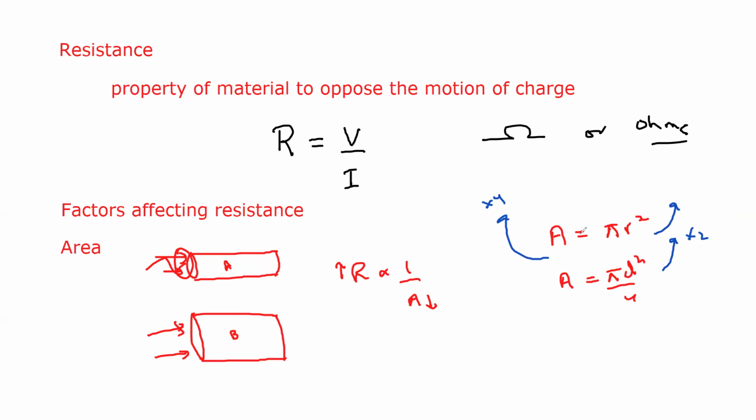If you triple the radius or diameter, then the area will increase by 9. If the radius is 4 times the original value, the area will increase by 16. If the radius or diameter changes by 5 times, then the area will change by 25. So it always varies with a square.